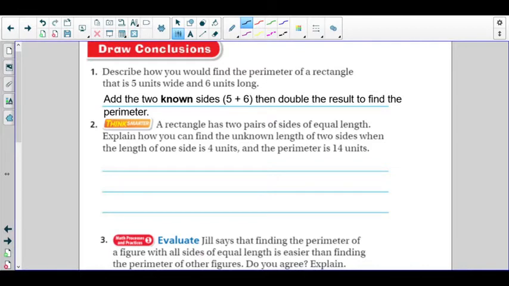Okay, now let's take a look at number 2. A rectangle has two pairs of sides of equal length. Explain how you can find the unknown length of two sides when the length of one side is 4 units and the perimeter is 14 units.